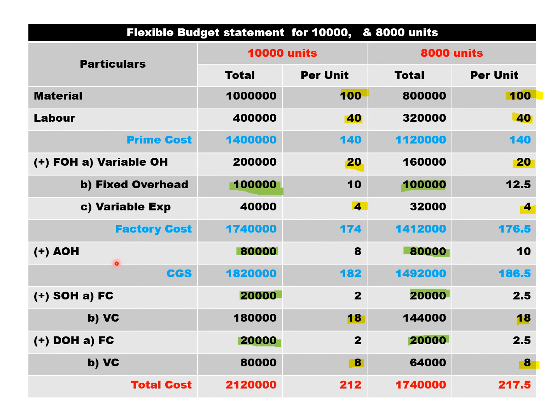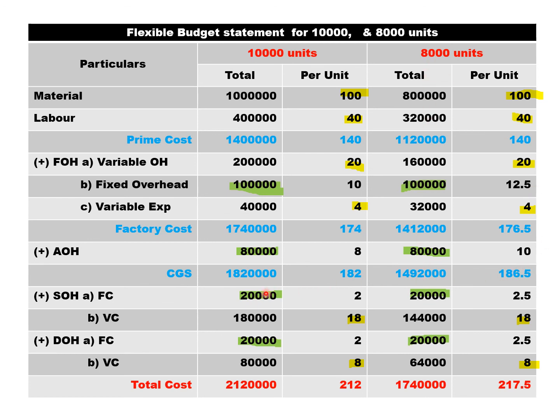Add administration overhead, which is totally fixed in nature. So 80,000 divided by 10,000, you get 8 rupee. 80,000 divided by 8,000, you get 10 rupee.